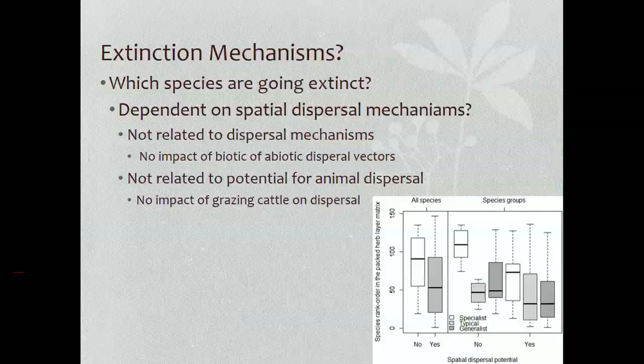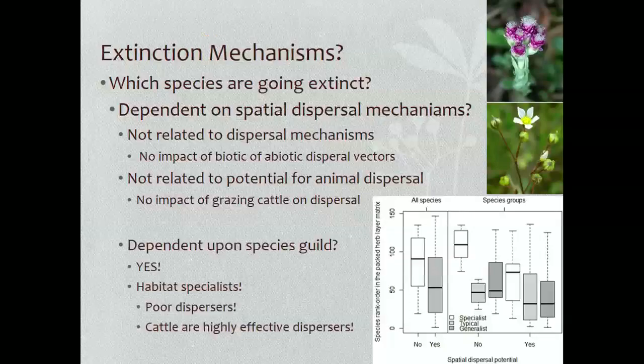But if you looked at it decomposed on specific species groups, specialists were very hard hit by the disappearance of the cows. And that maybe does not seem to make sense, but it does, because we know that cattle, sheep and cows are very, very good dispersers, and even specialists benefit from it if they have no specific adaptations for being dispersed.